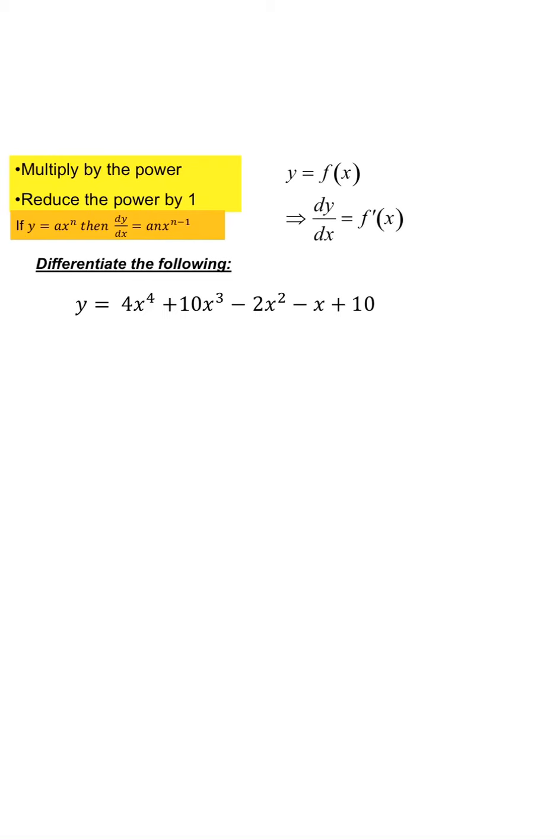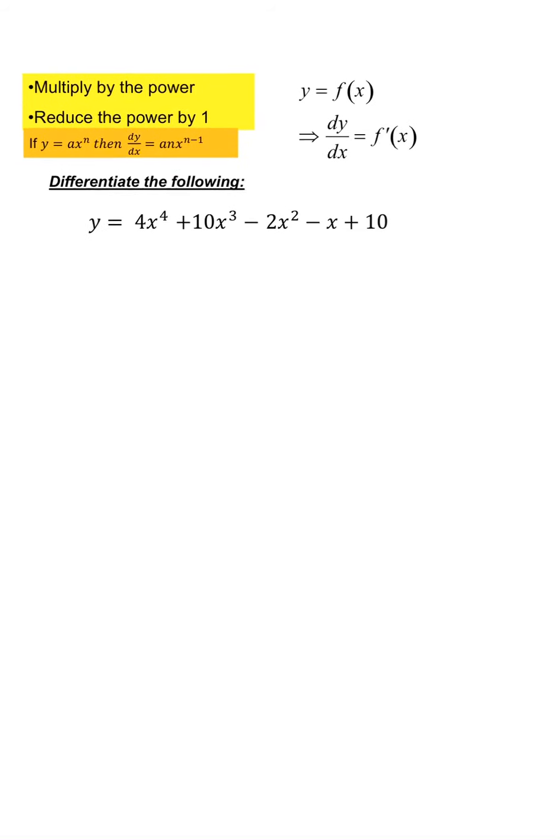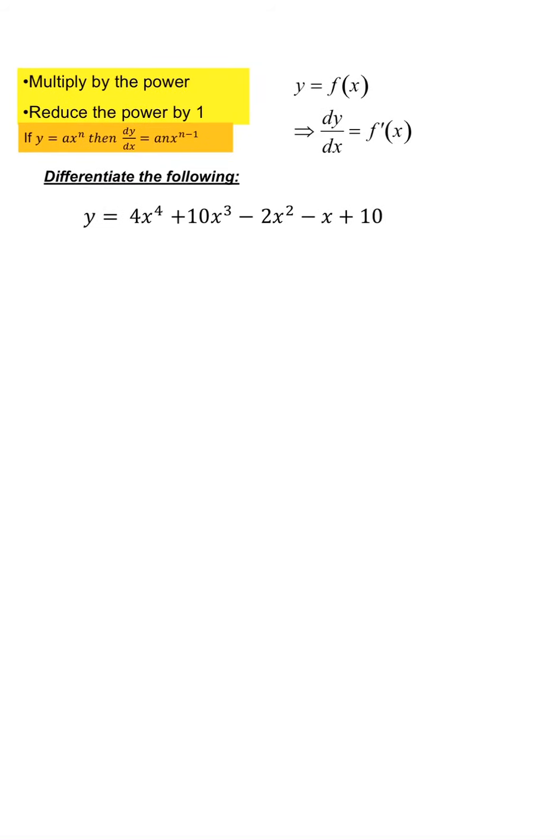Okay, let's have a look at this one here. We have a big, long expression here. So let's do dy dx. Now, multiplying by the power, so 4 times 4 is 16. Then reduce the power by 1, so it becomes the power of 3.